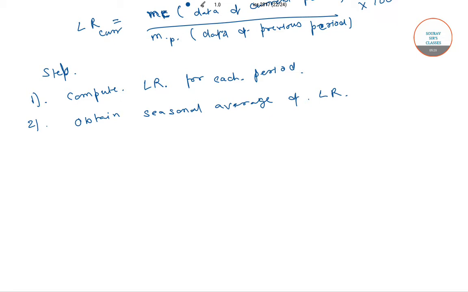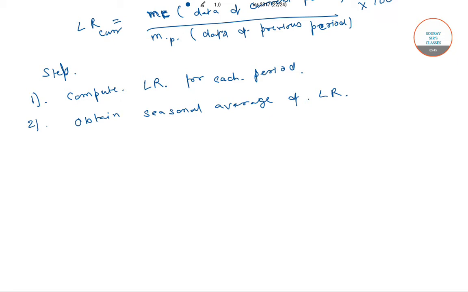This can be done either by mean or median. So we have to obtain the seasonal average of the link relatives, that is the link relatives of all the seasons or periods, season-wise from the different years.